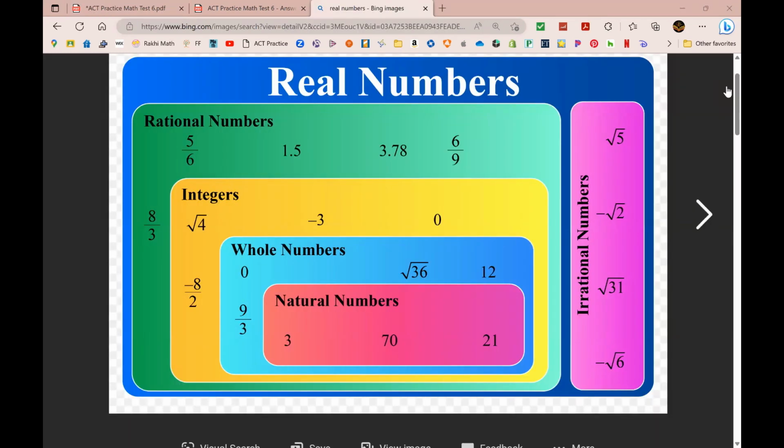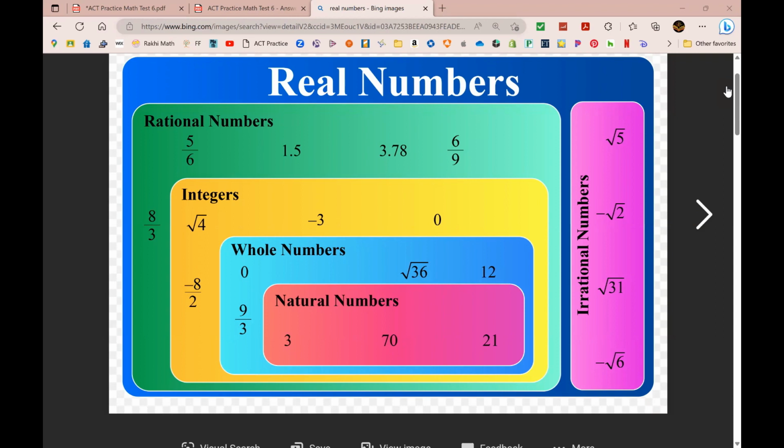Okay, I just wanted to share this image because a lot of times when we talk about real numbers versus imaginary numbers in math, we seem to think that real numbers should be the positive numbers and imaginary numbers are the negative numbers, but that is not correct. Real numbers actually includes everything.